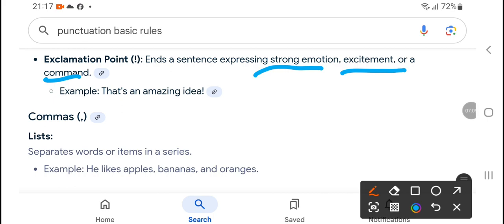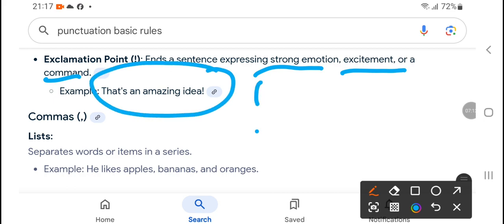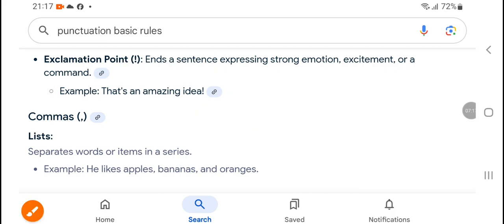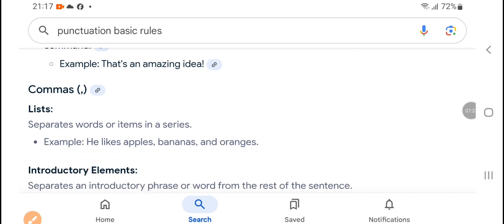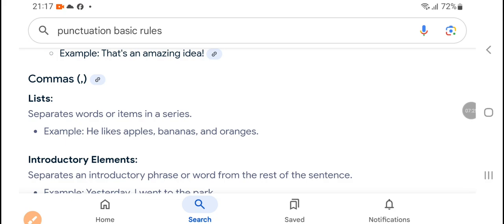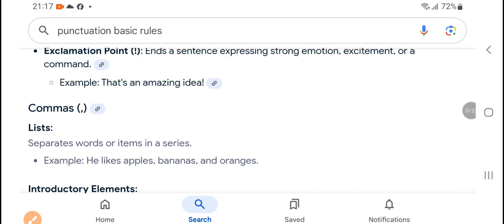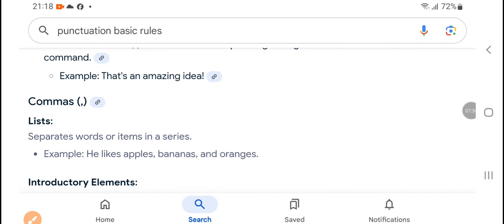"That is an amazing idea!" So that's an exclamation, right? "Oh no, we have lost the match!" So this way the exclamation mark is used for strong feeling, or any excitement or command.